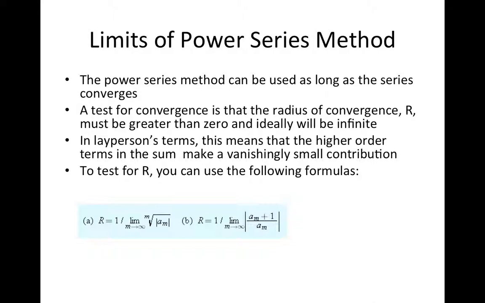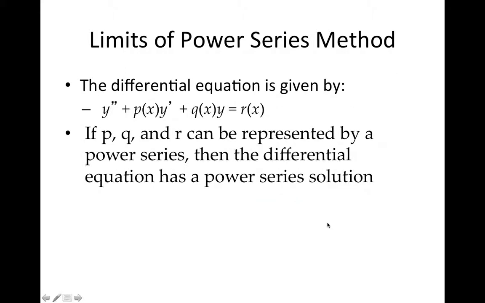I should be able to say, for example, after the kth term in the series, where k could technically be anything, but you would like it to be 5 or 6, that if I add a higher order term, the coefficient is becoming so vanishingly small that I can essentially neglect every power above some predetermined number. Vanishingly small depends on your application, but it can be anywhere from half of a tenth of a percent to a couple of percent. It just depends on what you're trying to model. So that's the limit of the power series method.